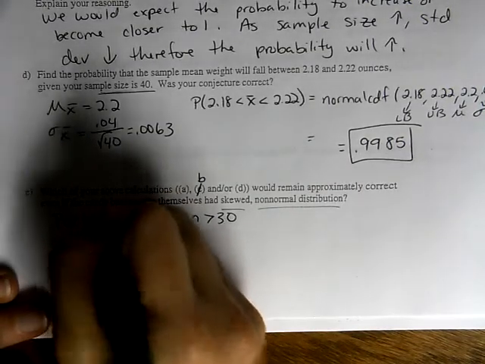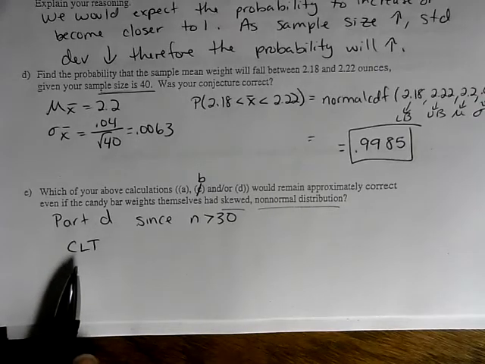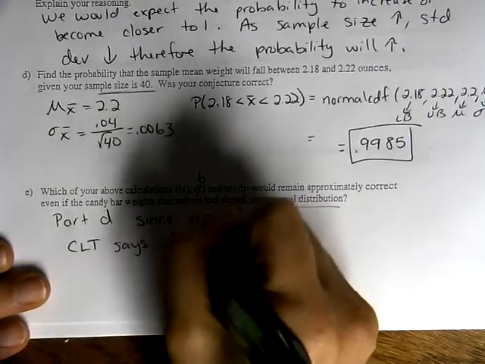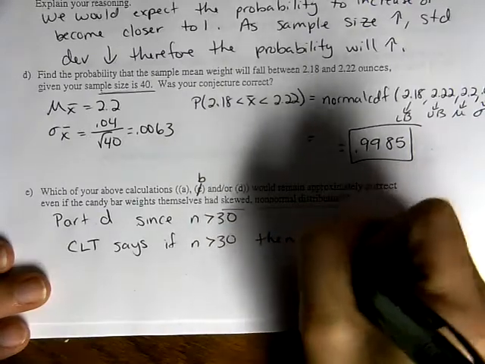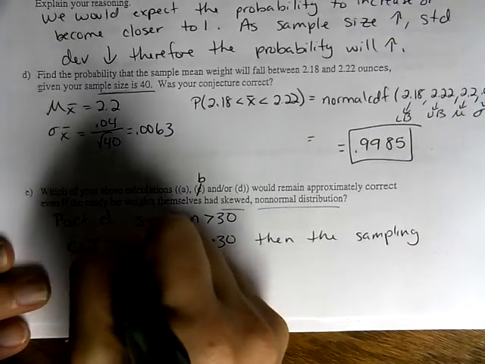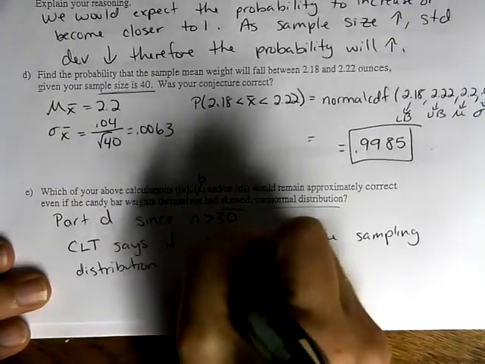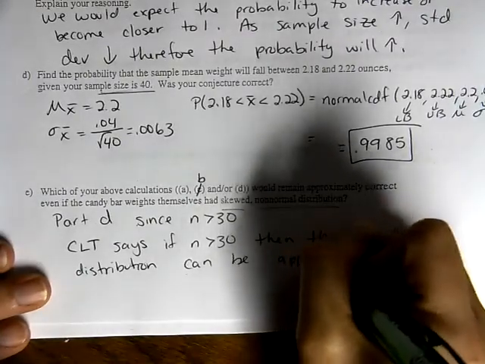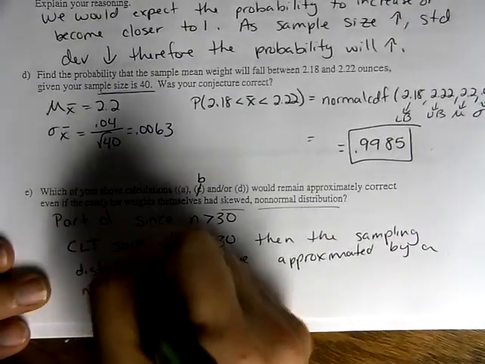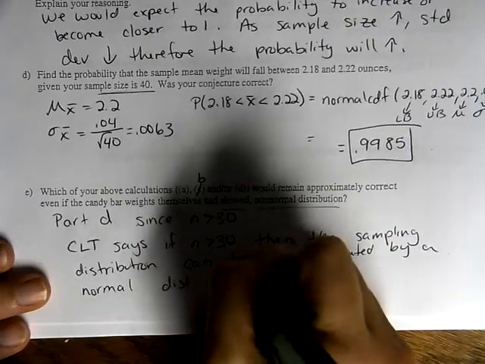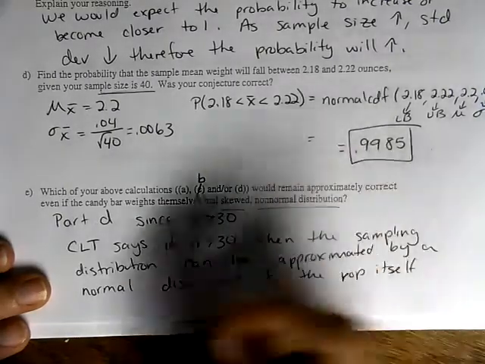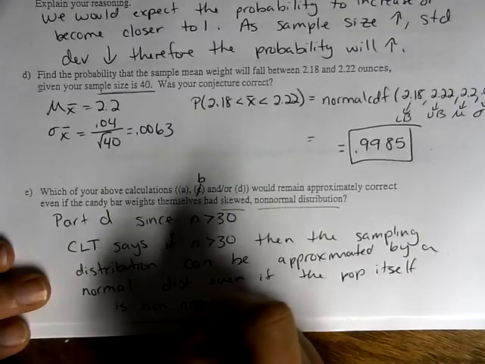So central limit theorem, which for the purposes of the second semester we usually always just put CLT, everybody knows it's central limit theorem, says if n is greater than 30, then the sampling distribution, because that's what we're working with in chapter 8, can be approximated by a normal distribution even if the population itself is non-normal.